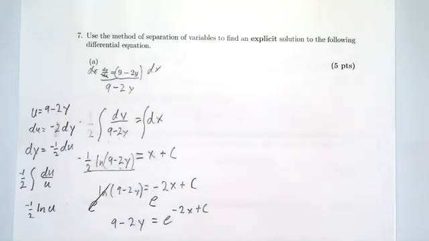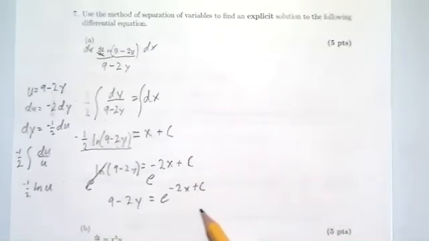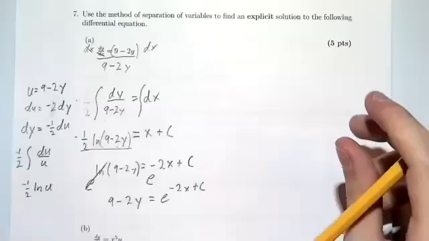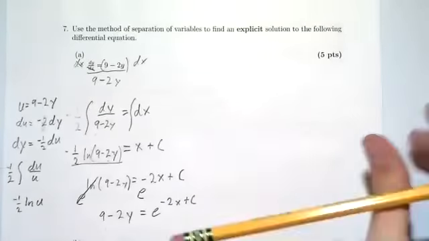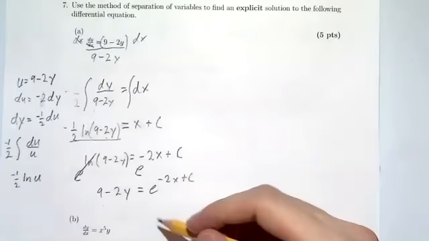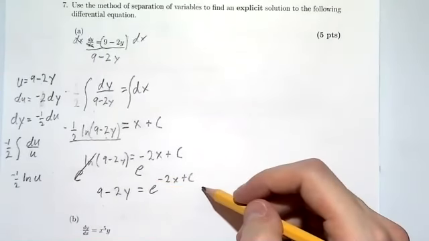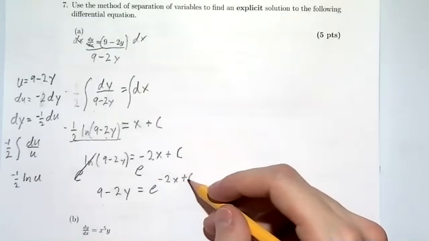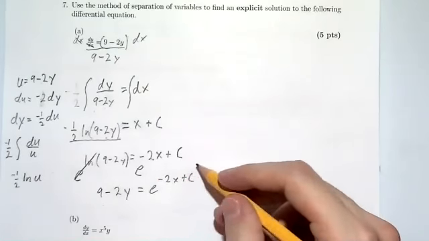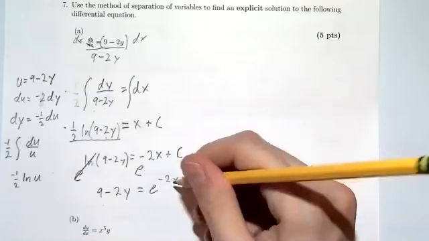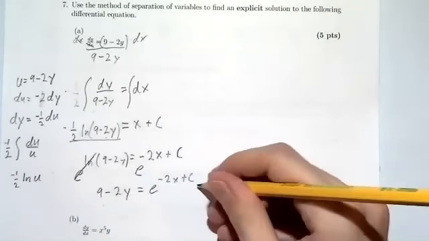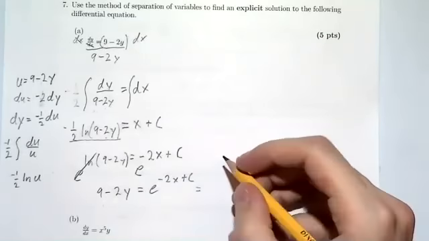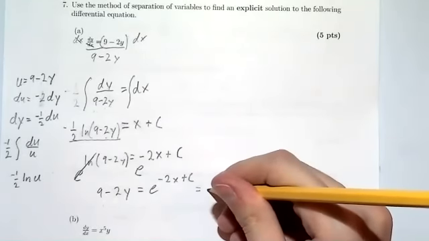Yep. All right. So from this step here, our 9 minus 2y is equal to e to the -2x plus c. First, if you want, you can simplify this bit. Since we have e to the -2x plus c up top, you can separate this into 2 different exponentials, using the power rules.